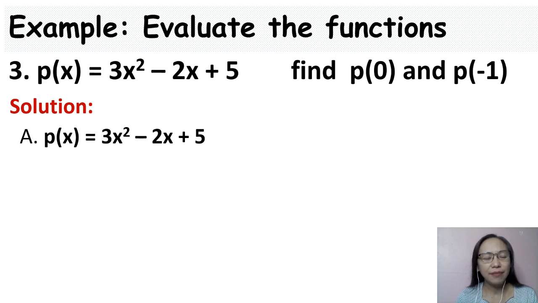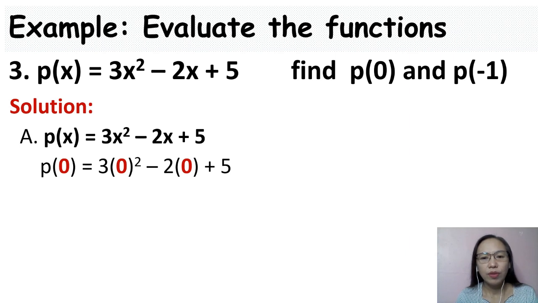So we get the given equation, and then we substitute 0 for x. We substitute 0 to all the x's. So here x is replaced with 0 and x replaced with 0. And then we apply the operations.